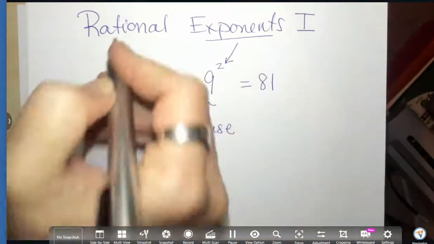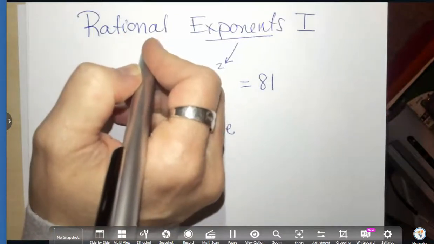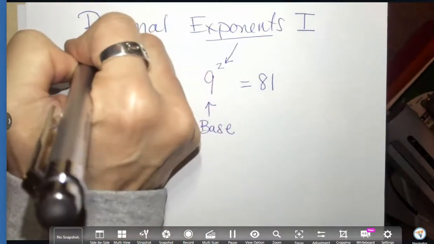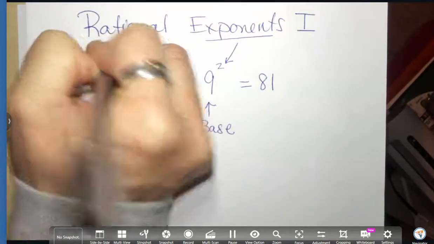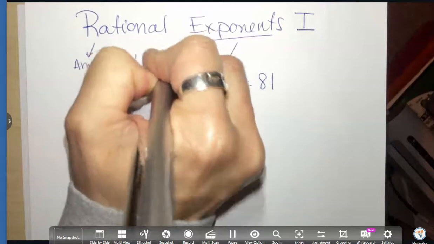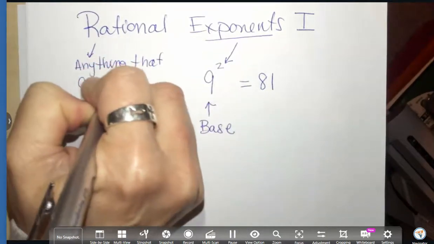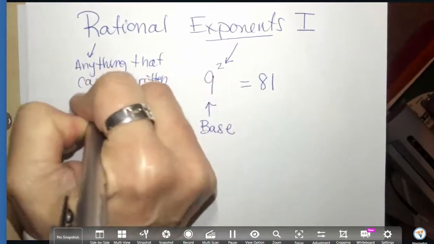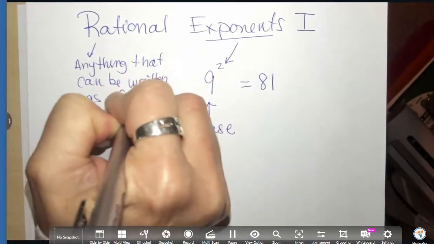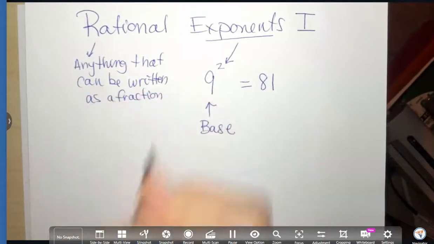Now, if we think of the word rational, things that are rational basically is anything that can be written as a fraction. So the number 2 could be written as a fraction, 2 over 1.